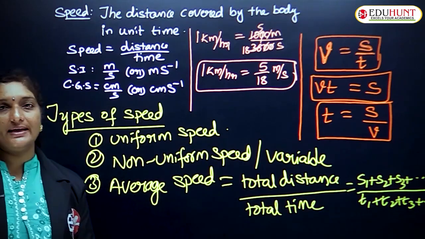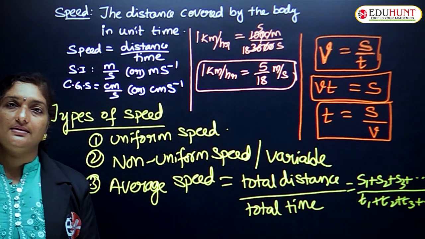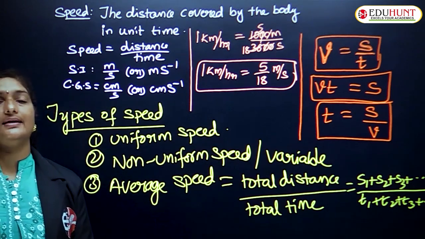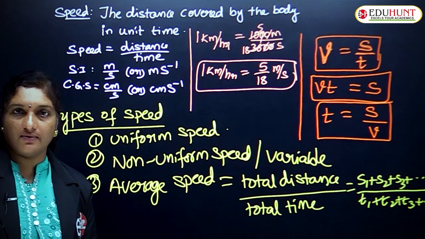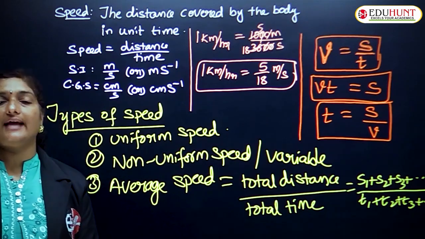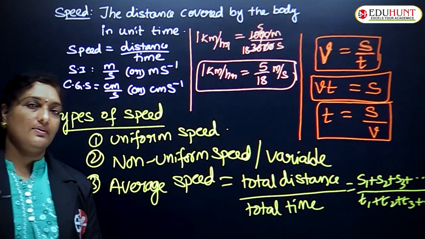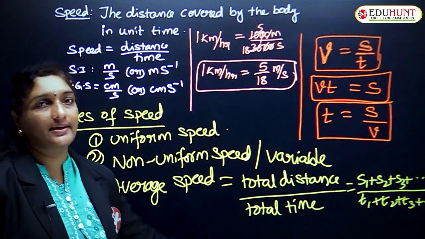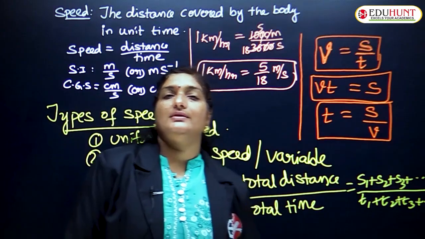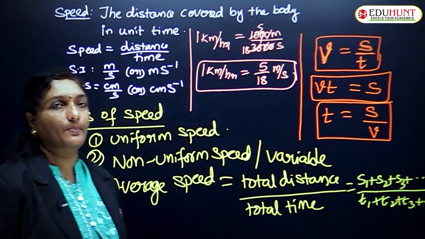Whereas average speed is calculated as total distance upon total time. If S1, S2, S3 and so on to Sn are the unequal distances covered by the body in time intervals T1, T2, T3 respectively, then average speed is (S1 + S2 + S3 + ... + Sn) upon (T1 + T2 + T3 + ... + Tn).